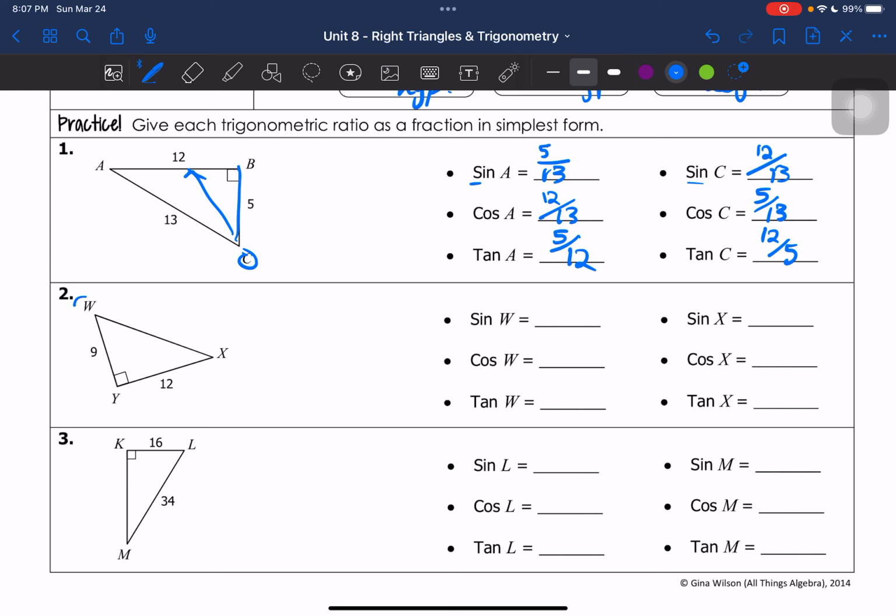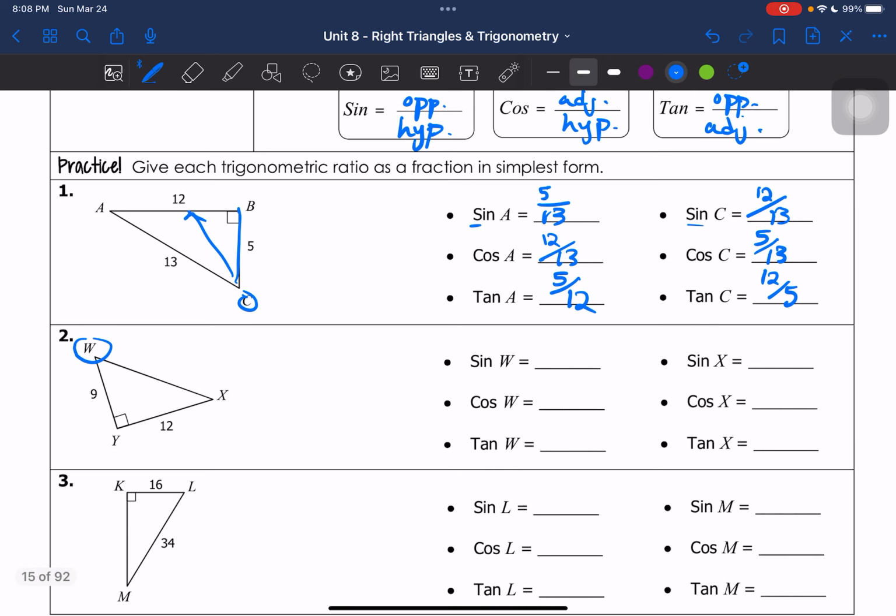And this time we're going to start by focusing on W. So the thing that I want to find first, because I know that sine is opposite over hypotenuse, but I don't know what the hypotenuse is, right? So I do know that there's a way that I can find that because I know 2 of the legs.